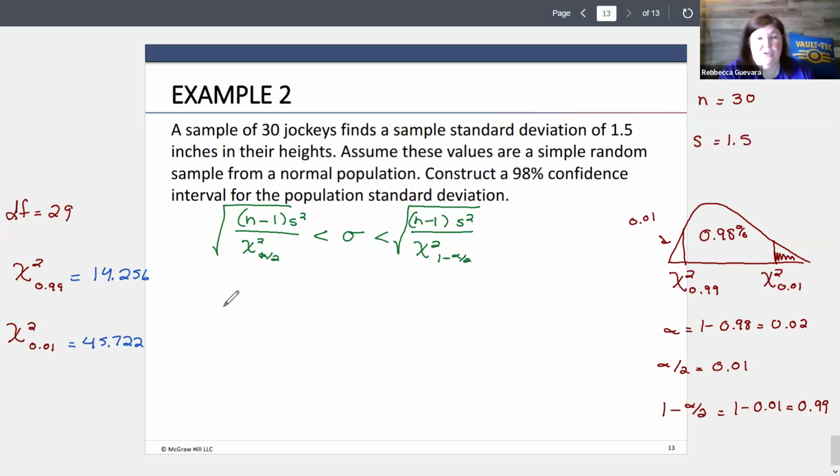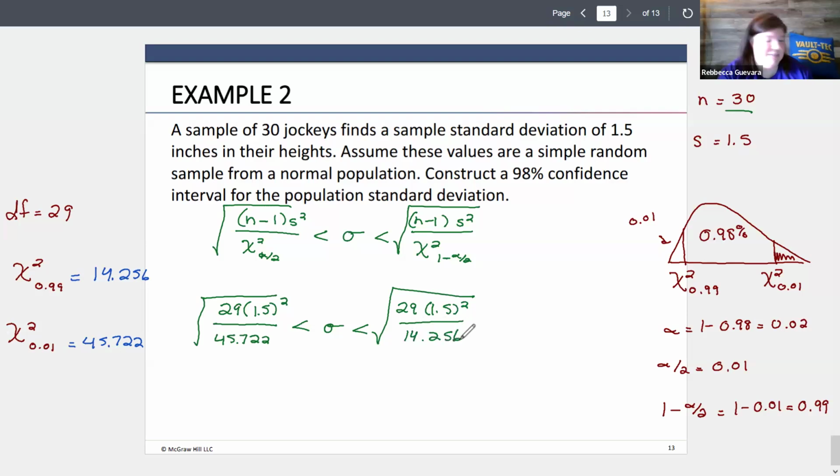We have n minus 1 is just going to be 29 because we have a sample size of 30. So this times 1.5 squared, because s is the standard deviation of 1.5, divided by the larger of my chi-squares, 45.722. This is less than sigma, which is less than the square root of 29 times 1.5 squared divided by 14.256.